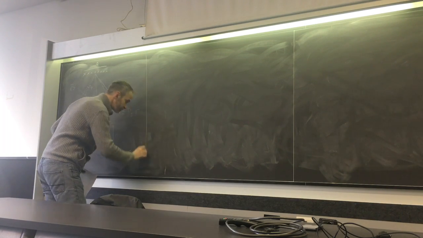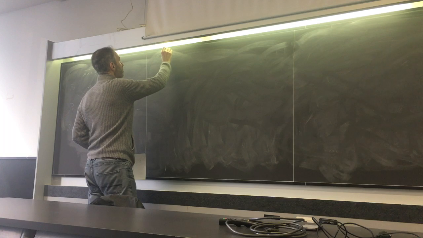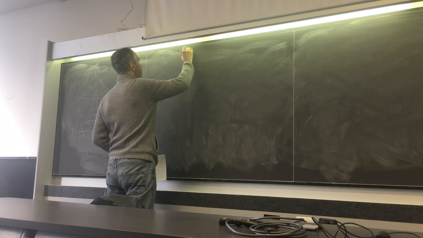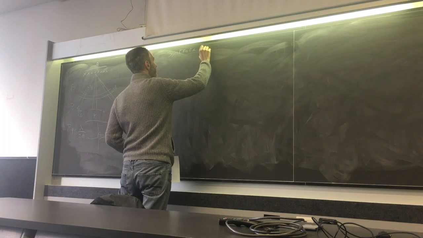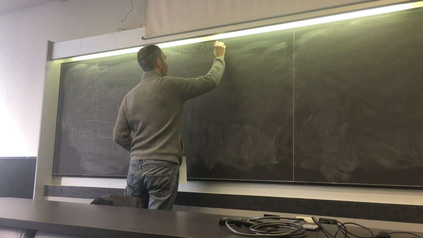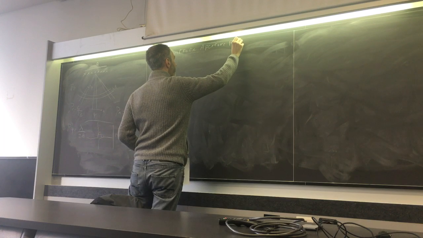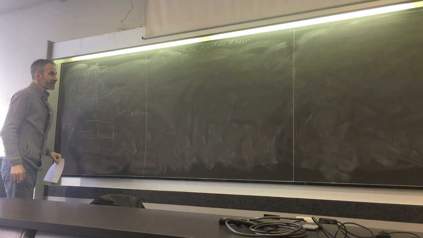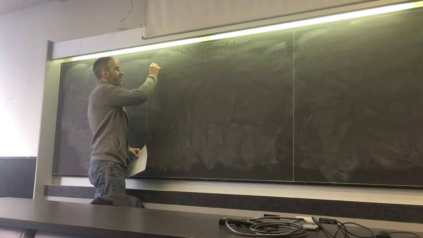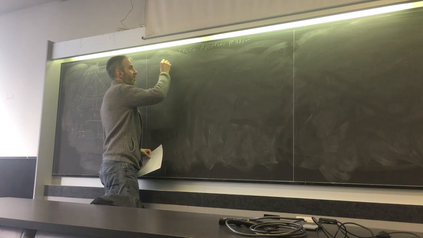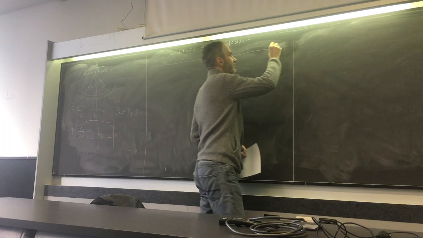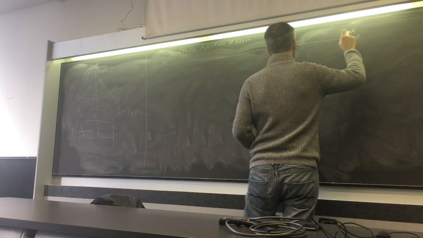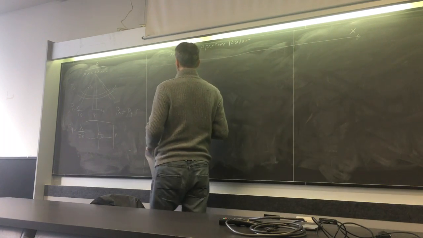Now, we go to a SAR system. So a SAR system is a radar that is flown on board some platform. Let's say that this is the x coordinate.